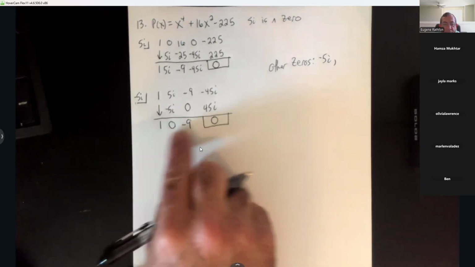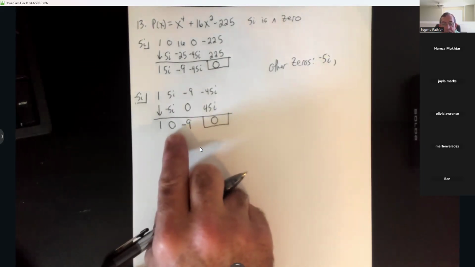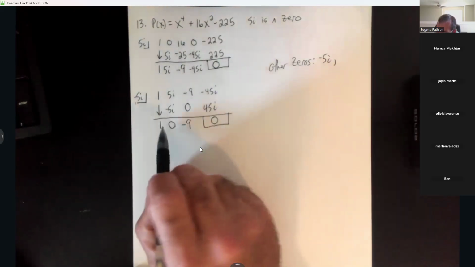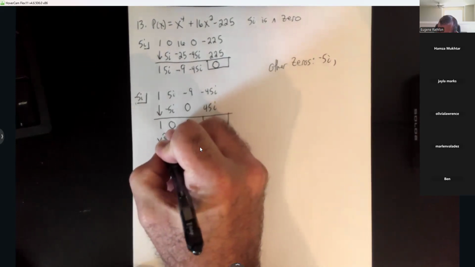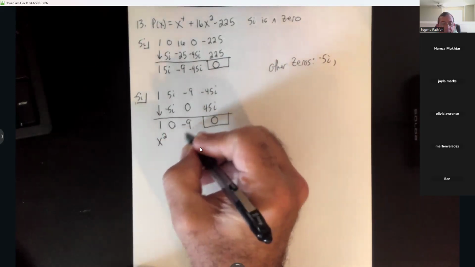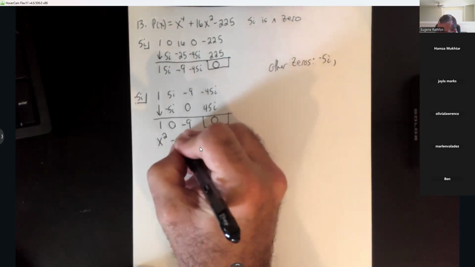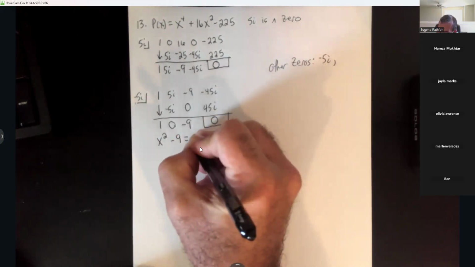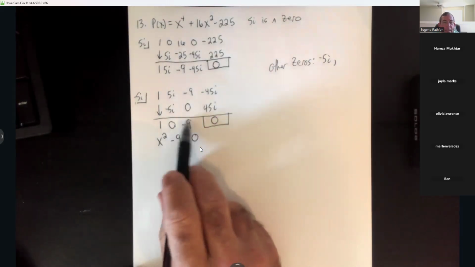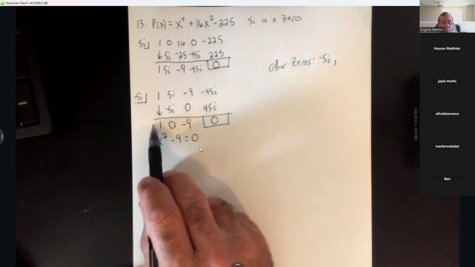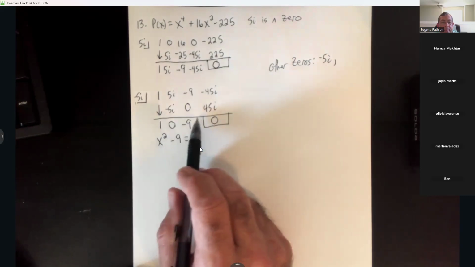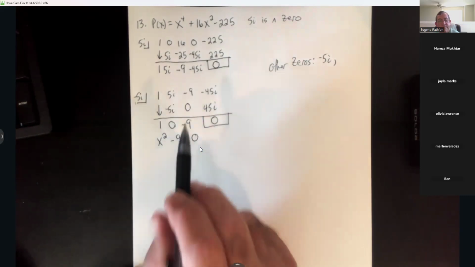So now remember, these are the coefficients of the polynomial. So this is in the x² position. So you got 1x², 0x, minus 9. At that point, you're going to set these last three numbers equal to 0. So remember, that's the x² column, x, and then the constant term.